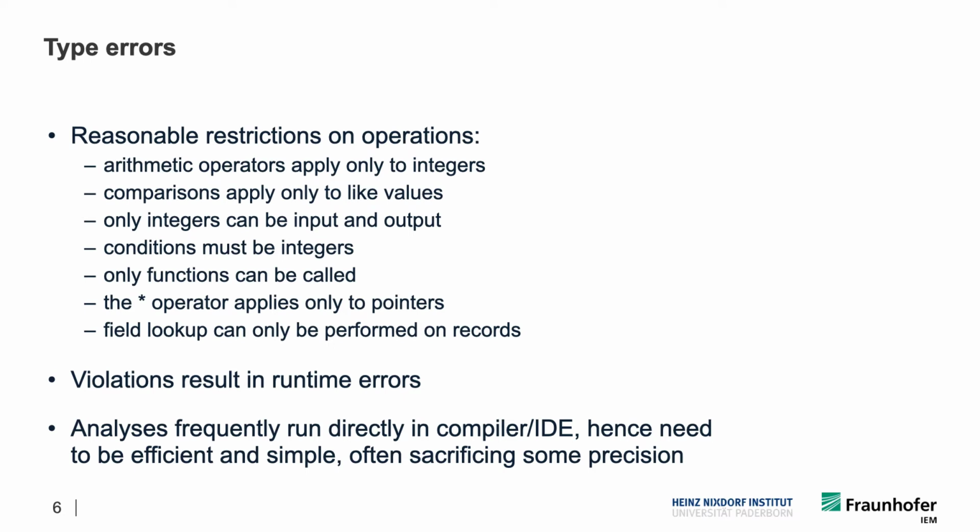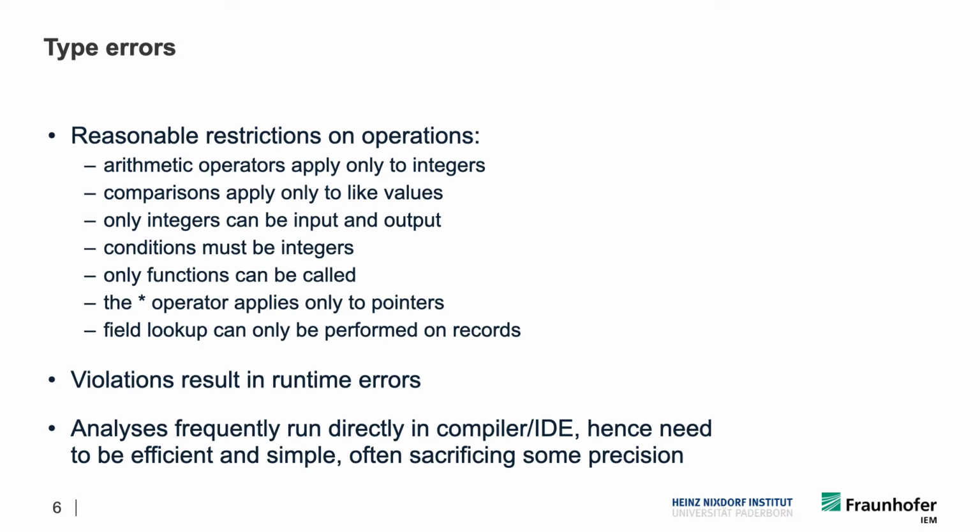Okay, so one major task of type analysis is to actually derive type errors and present them to the users. And you can think of a whole number of reasonable restrictions on operations that you want to warn about. For instance, some arithmetic operators may only apply to integers, and you want to make sure of that.